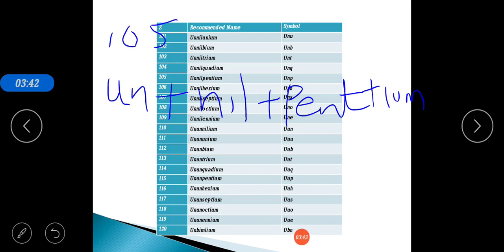So the name will be unnilpentium, and the symbol will be capital U, then n, then P. So we have named elements up to 120. We can write like this also.